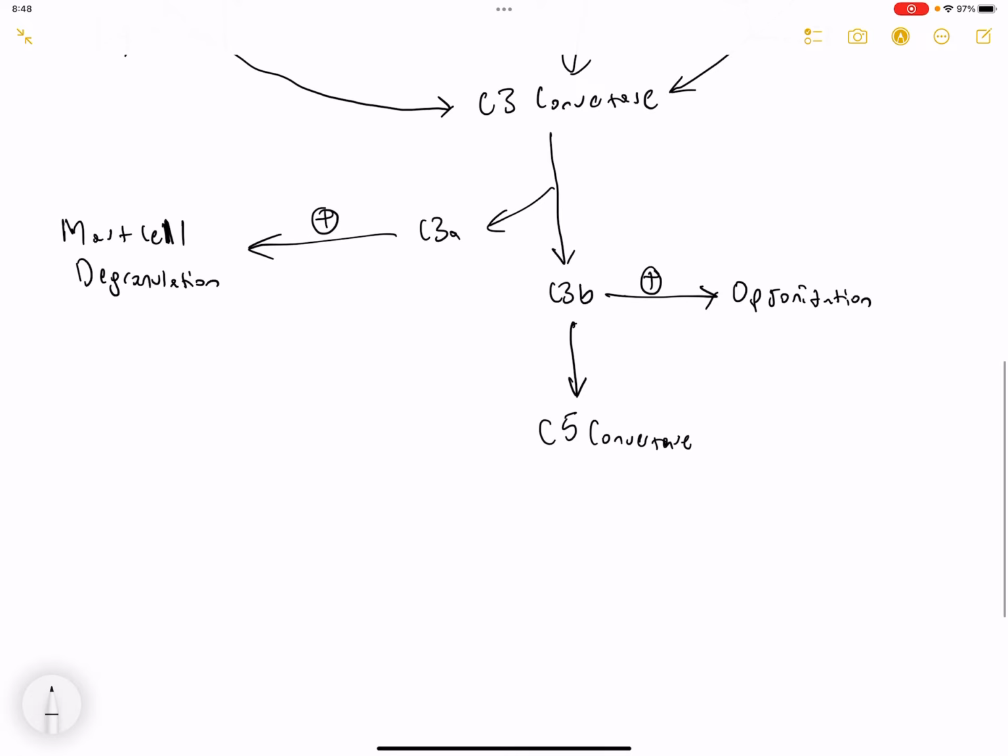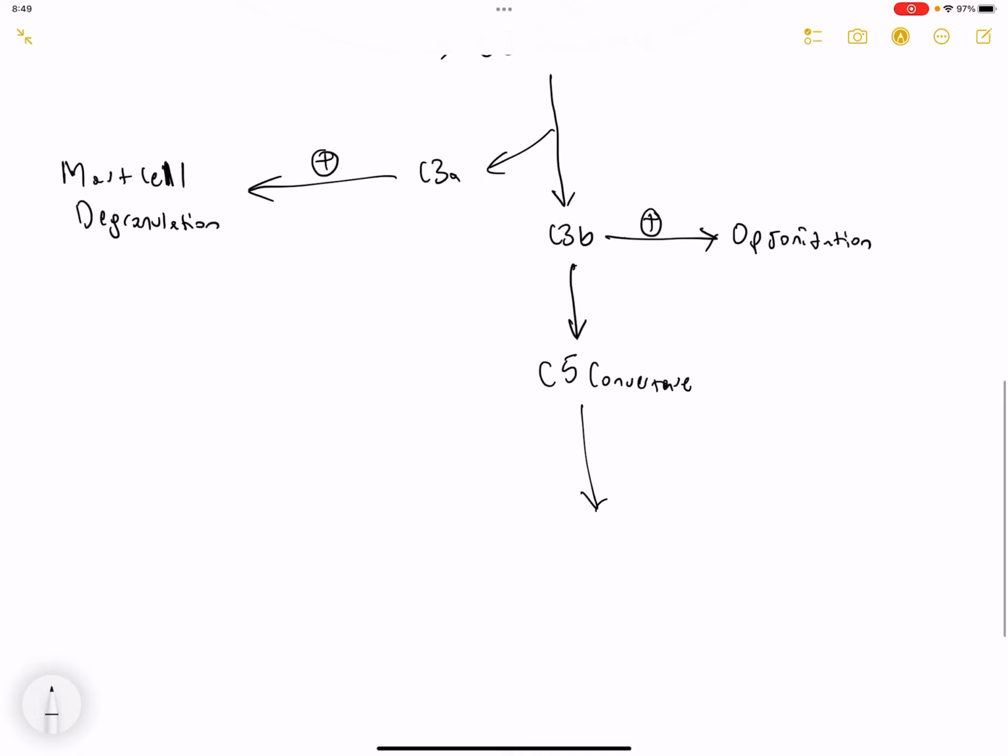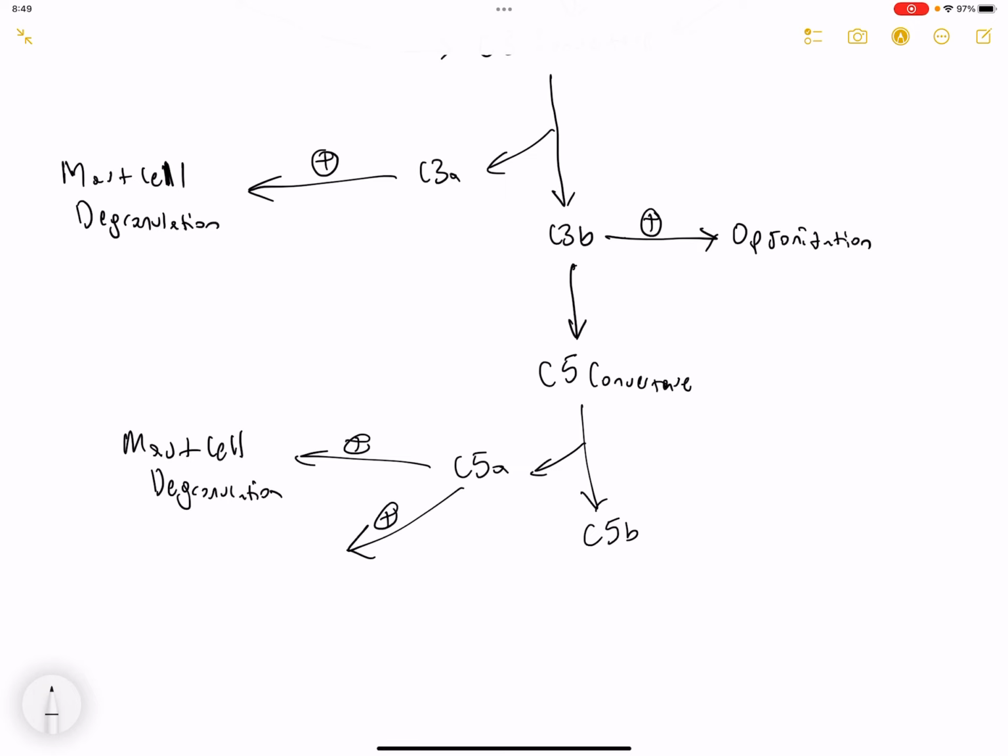C5 convertase is very similar to C3 convertase in that it is going to produce C5A as well as C5B. C5A is going to upregulate mast cell degranulation just like C3A. Another thing that C5A does is neutrophil chemotaxis.